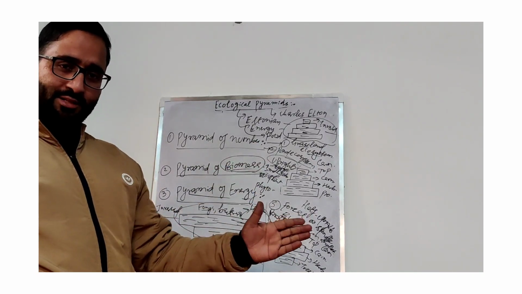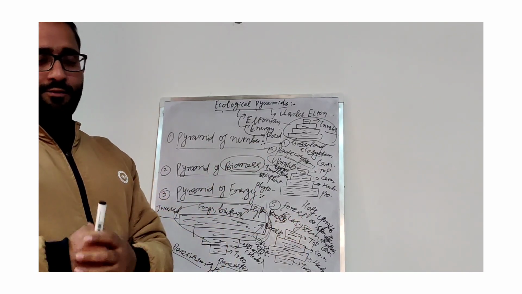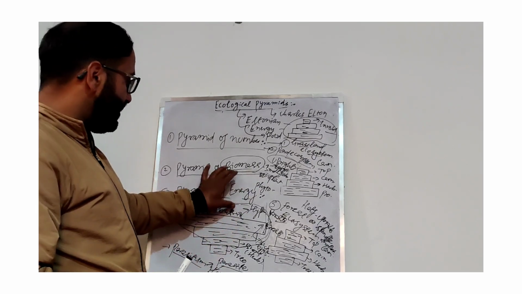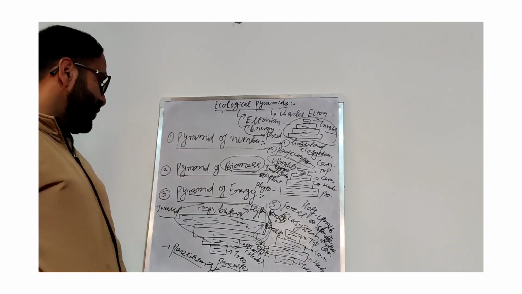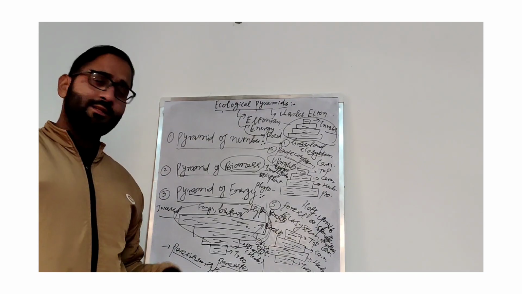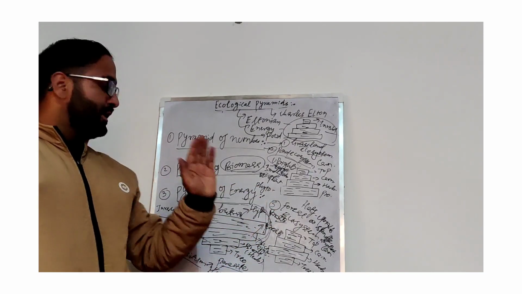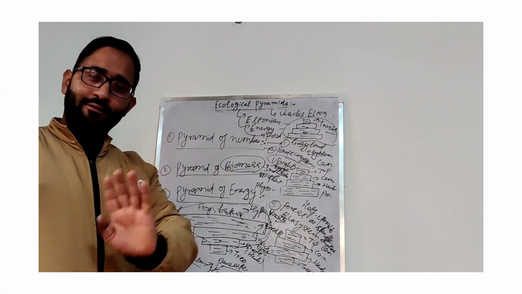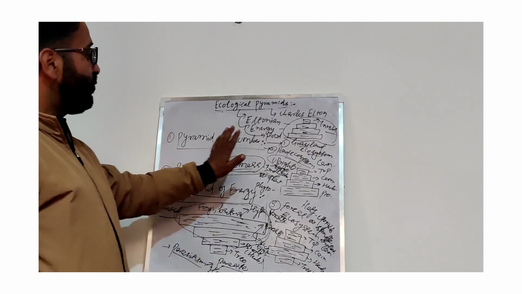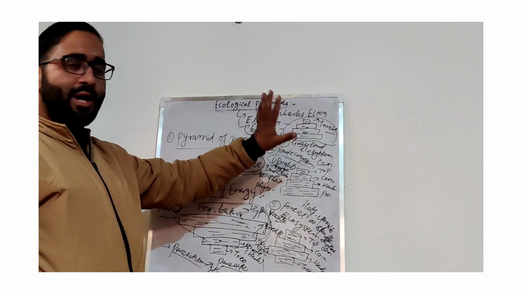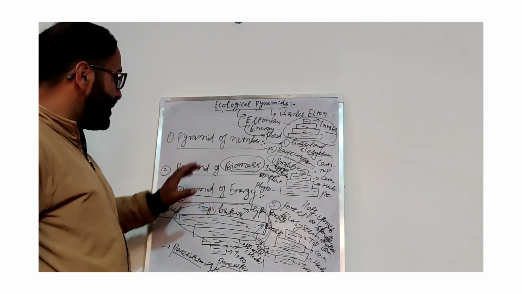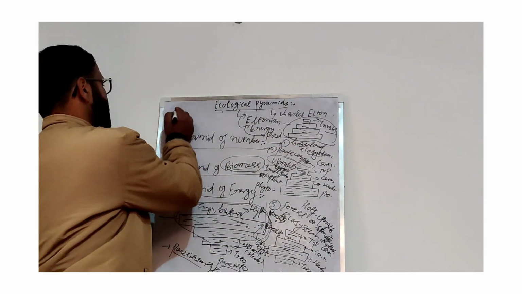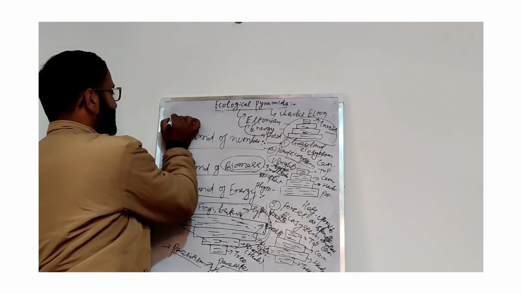There is one thing constant here, unlike the pyramid of numbers and pyramid of biomass: the pyramid of energy will always be upright, no matter whatever type of ecosystem we might be dealing with. The pyramid of energy is always upright.